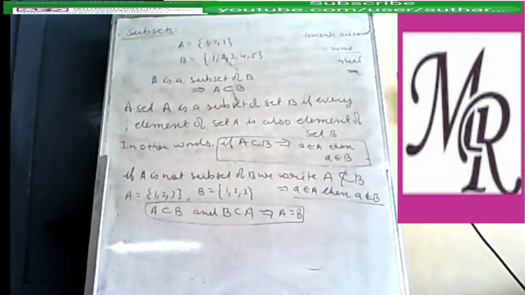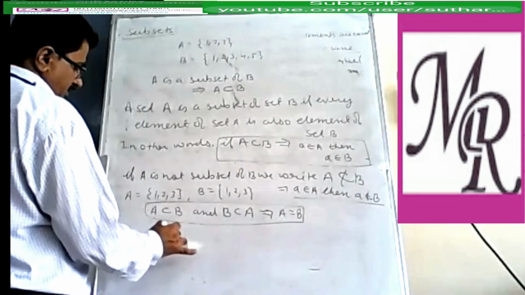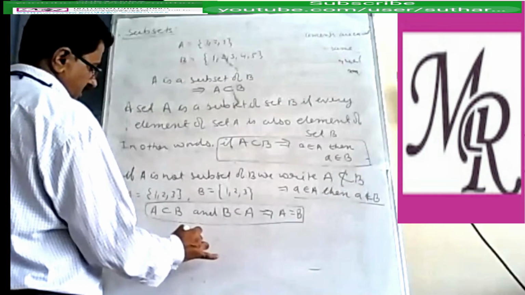So we may write if A subset B and B subset of A, or you may write it in this way also conversely.